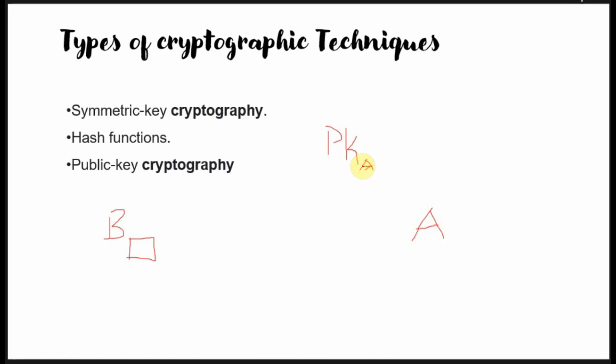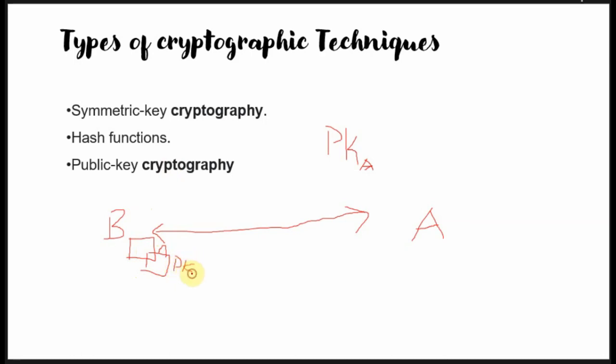Do you get that? So Bob would just do that. The key to encrypt this will be PKA.